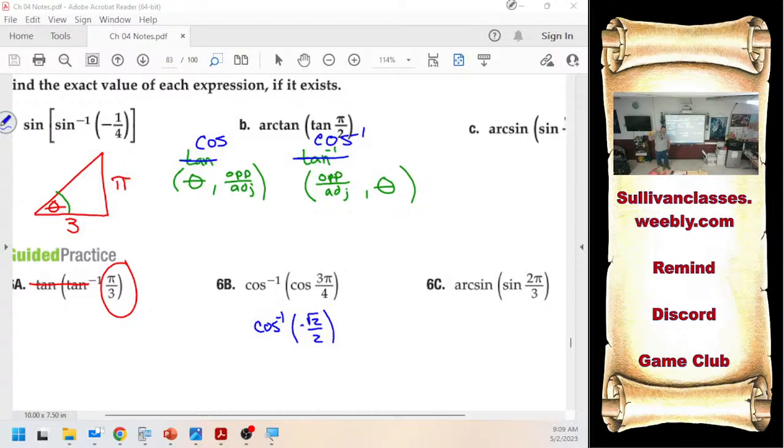Arc cosine is restricted to what two quadrants? 1 and 2. So you go look in quadrants 1 and 2 for who has this cosine value, and it happens to be 3 pi over 4 again. This is what should happen when I compose inverses. It's just not always going to happen that way because of restricted inverse functions. Like the last one.